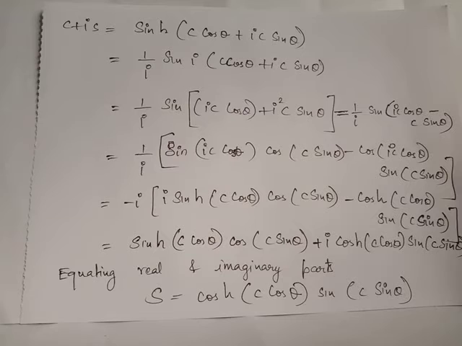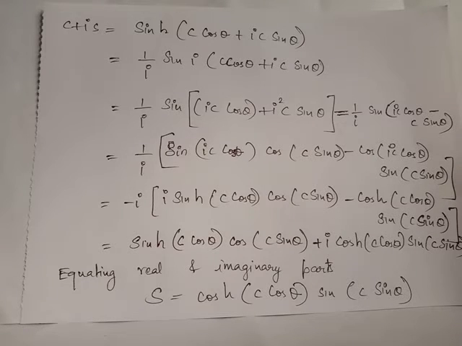We have sinh x can be written as minus i times sin ix, or we can write sinh x equals 1 by i times sin ix, because we studied the standard relation sin ix equals i times sinh x, from where we have sinh x equals 1 by i times sin ix.